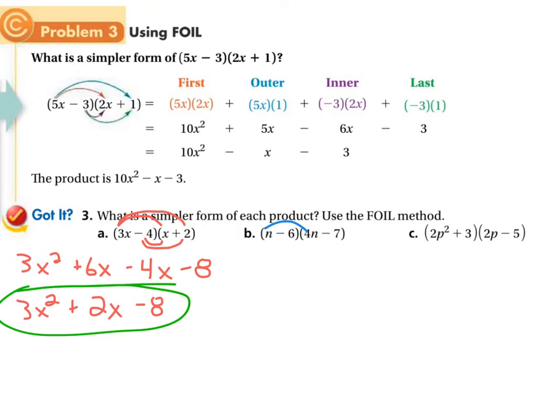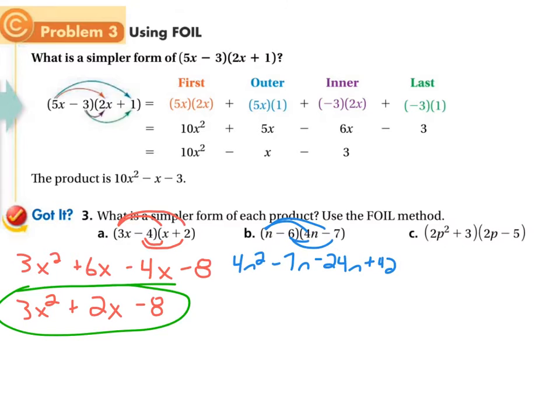First, n times 4n, 4n squared. Outer, n times negative 7, negative 7n. Inner, negative 6 times 4n, negative 24n. And last, negative 6 times negative 7 is a positive 42.